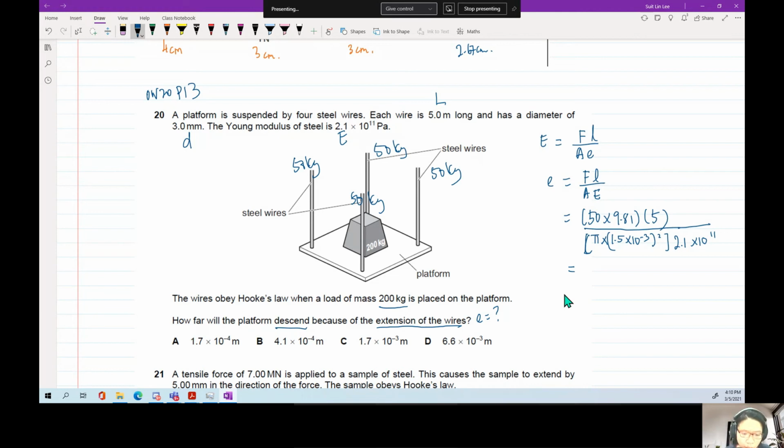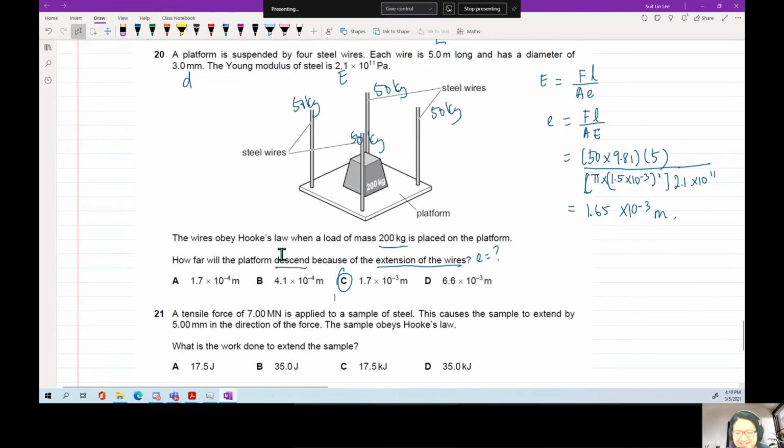Hey, I got 1.65 times 10 to the power -3 meter. So this one, okay? Very easy one, Young modulus, if you know what you're doing.